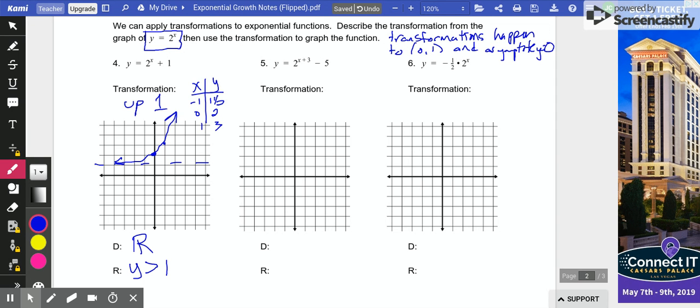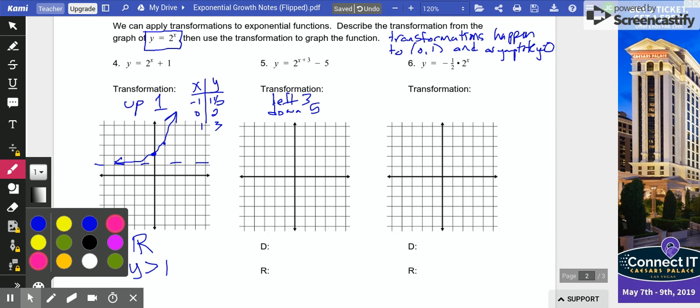On this, we have 2 to the x plus 3, minus 5. That plus 3 with x is going to move it left 3. And the -5 is going to move it down 5. So instead of our point 0, 1, we're going to go left 3. Do this in a different color so you can kind of see it.